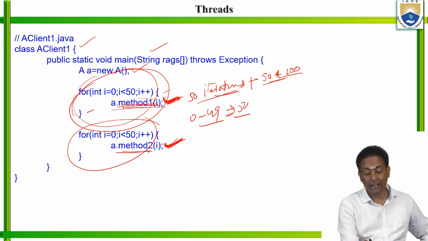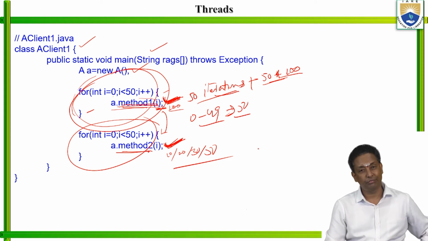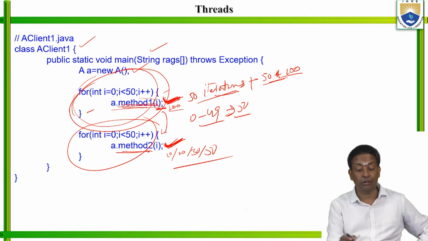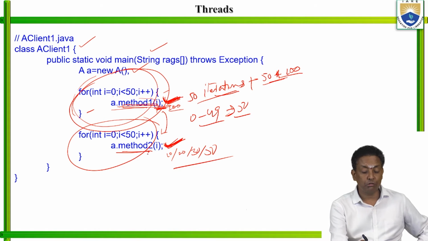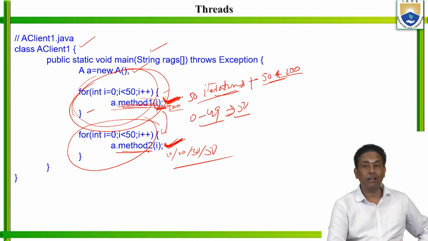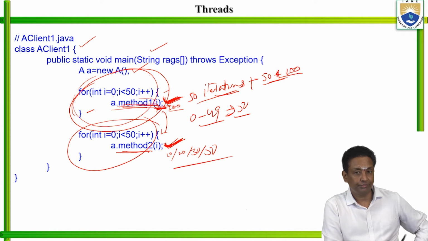If method 1 gets delayed, and that delay time can be used by method 2, then in each 100 millisecond delay, method 2 could complete at least 10 or 20 or 30, or sometimes even all 50 iterations. Like that, 48 to 49 more methods can execute within the delay time of method 1. So why should method 2 wait including all the delay iterations of method 1?